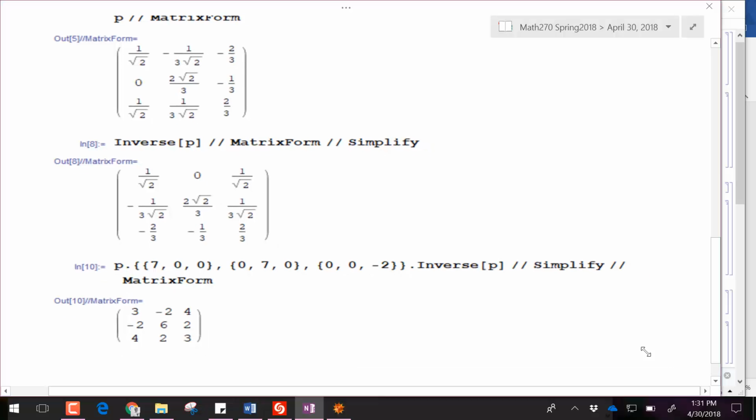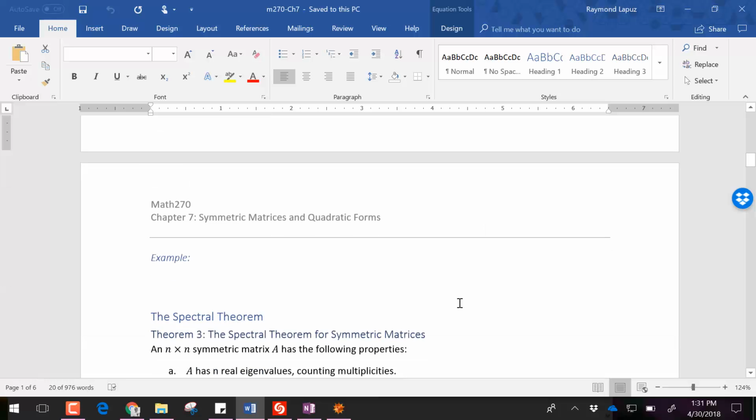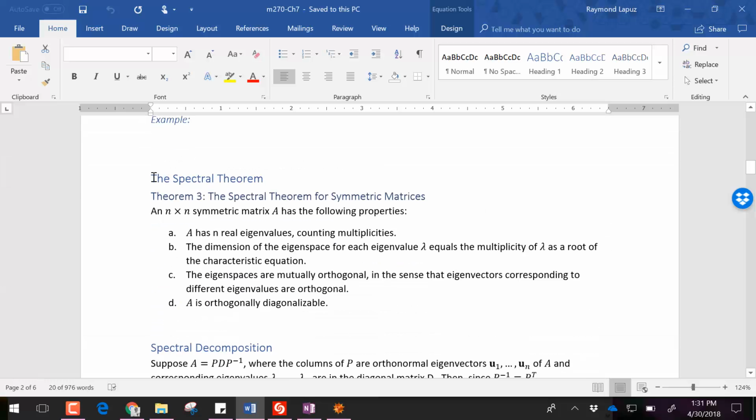We have some stuff in the notes. All right. So any questions so far? Diagonalizing and making sure that you create an orthonormal matrix, and then doing that multiplication. All right, let's see what's next. Spectral theorem.